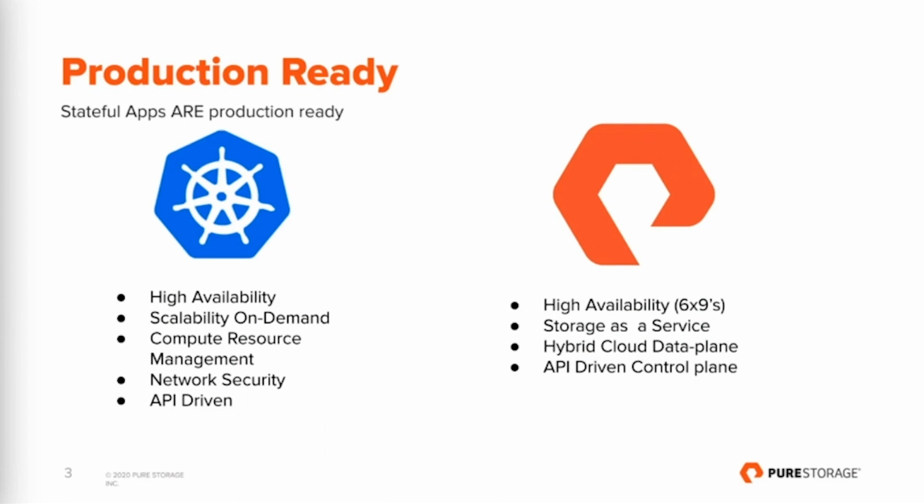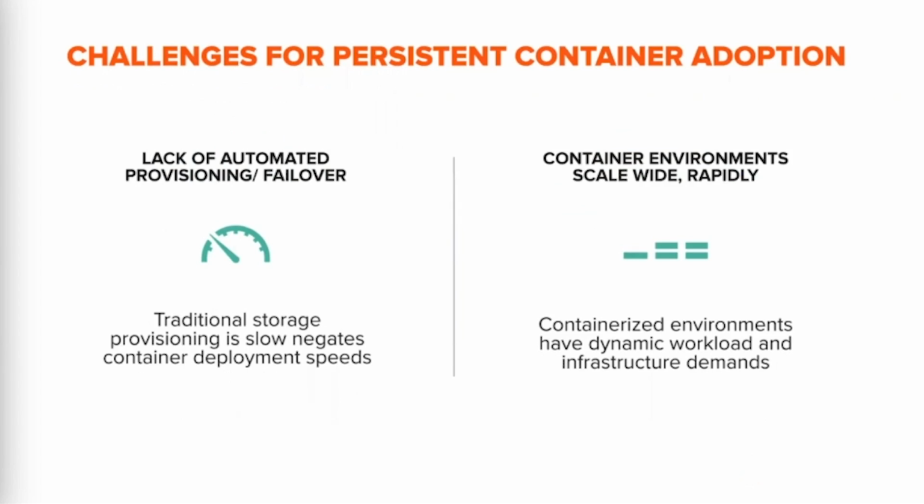Things like network security and isolation are built in and really part of it, and it's all API driven. And that same kind of availability and storage as a service is delivered when you use Pure Storage for those types of applications. So the parts are all there, and it really comes down to the gap being skills. Like, how do we take advantage of this? So I'm here today to hopefully share a little bit about what we can do there.